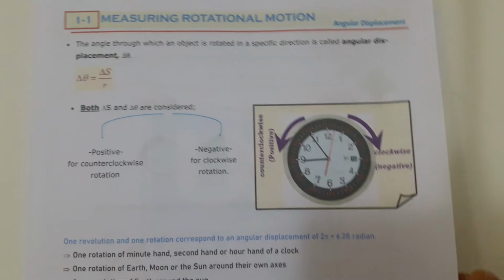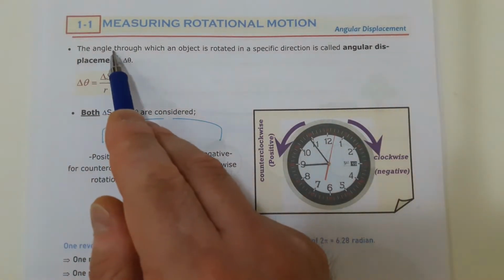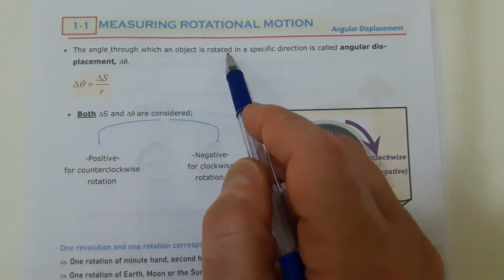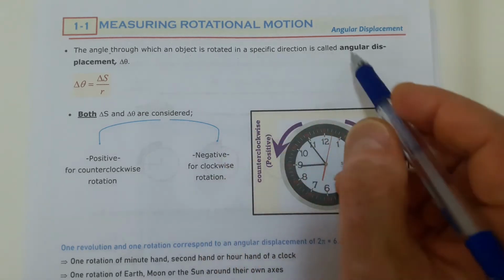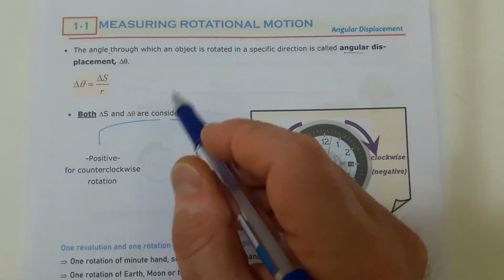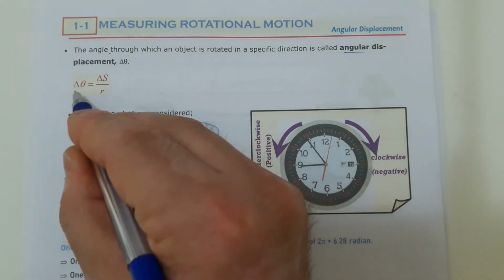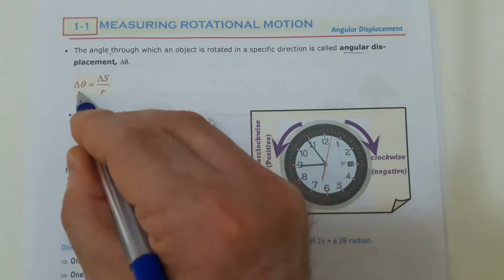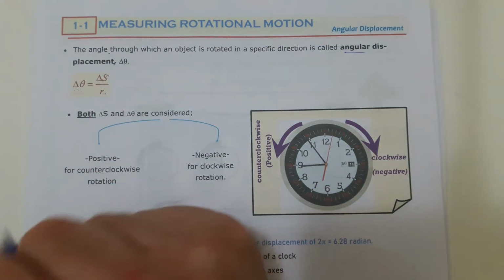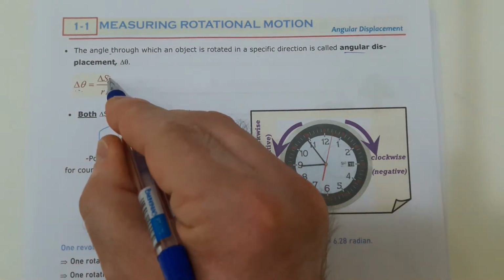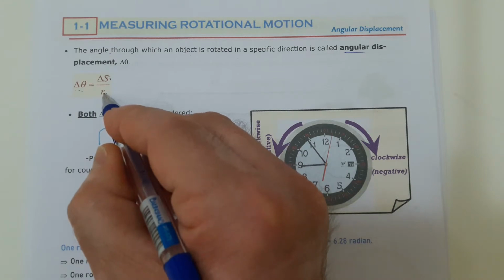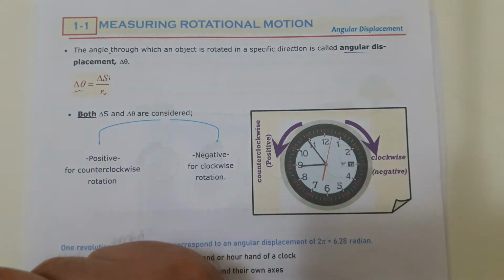But first, let's define what angular displacement is. The angle through which an object is rotated in a specific direction is called angular displacement. So the equation again relates theta, s and r the same: delta theta is equal to delta s over r. Delta s is the arc length in meters, radius is in meters, delta theta is in radians.